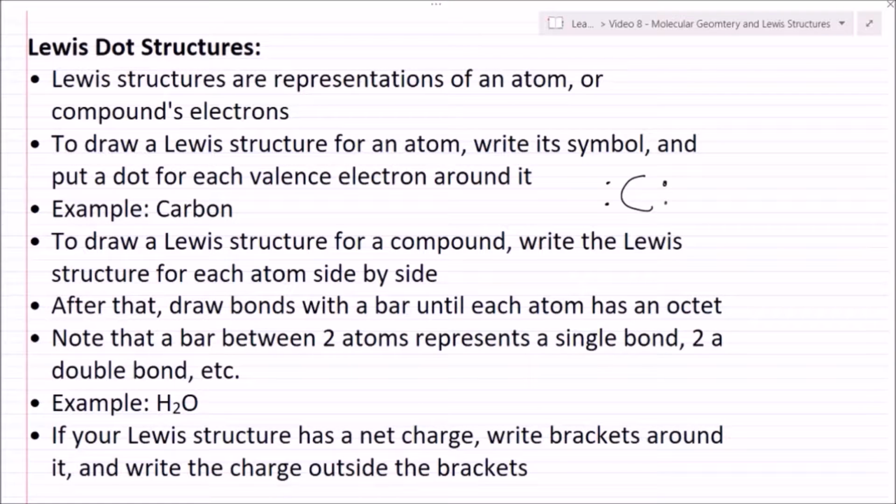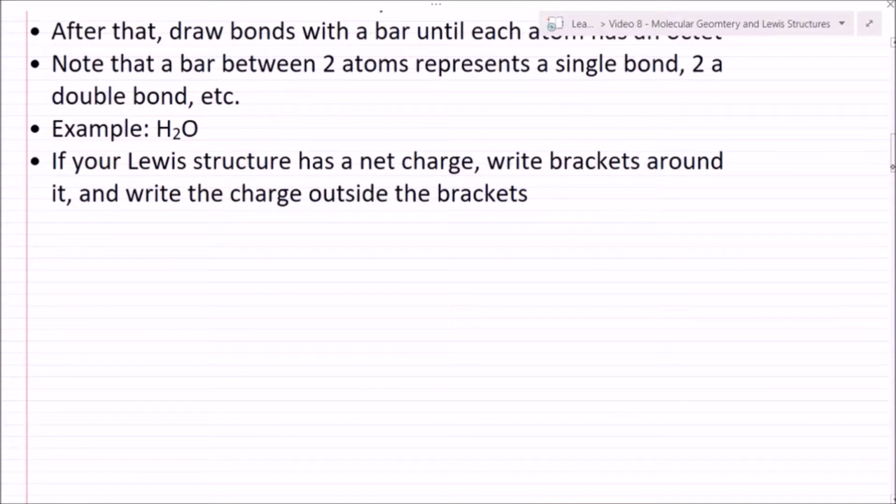So here for water we're going to start by writing the Lewis structure for each atom side by side. So I'll just get some space here. So we have oxygen, which I know has 6 valence electrons, and hydrogen each has 1. But hydrogen's a little funny, it doesn't want an octet, it only needs 2.